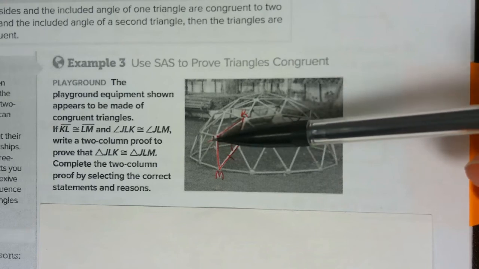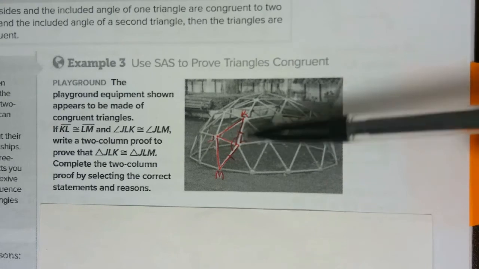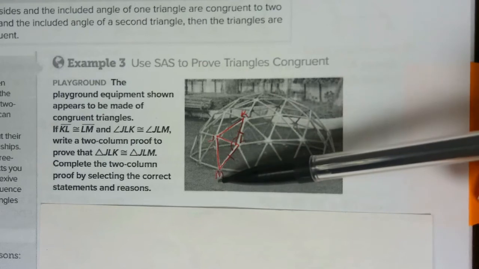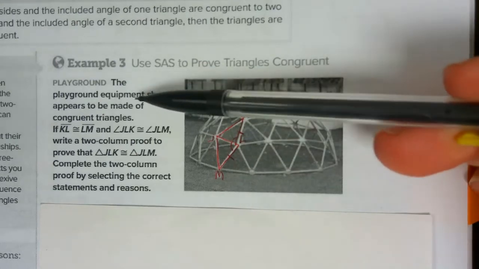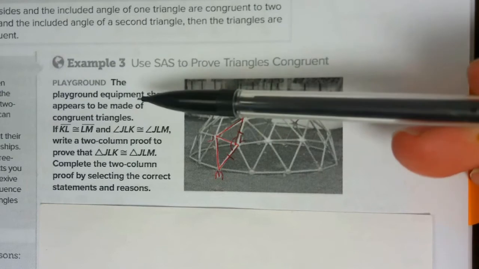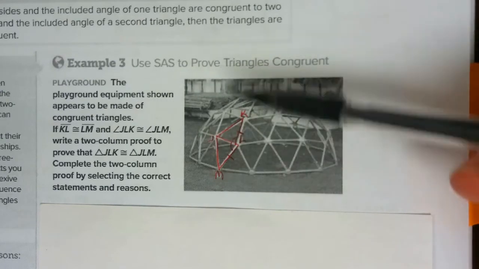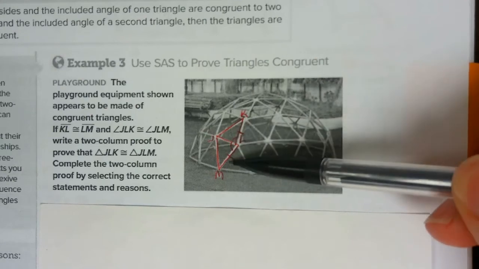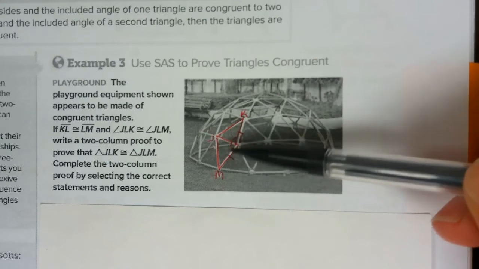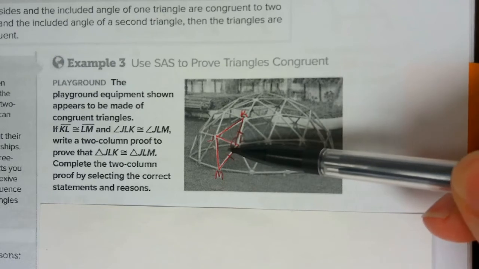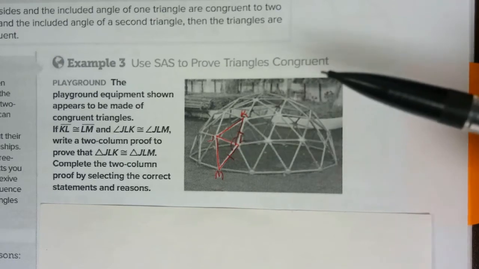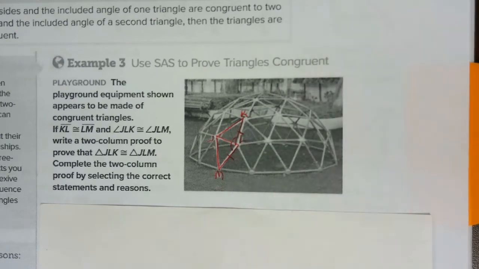This guy is labeled J and L, and then I have K and M. Okay, so I'm going to read. The playground equipment shown appears to be made of congruent triangles. KL is congruent to LM, and angle JLK is congruent to JLM. Write a two-column proof that proves these two triangles are congruent.